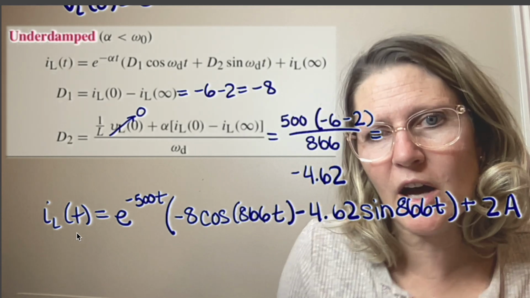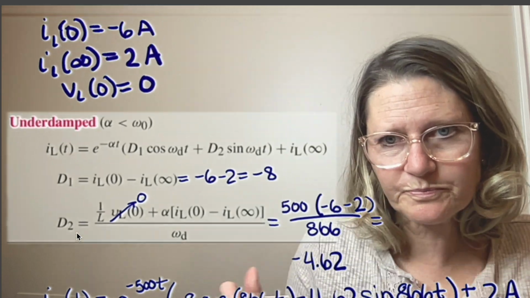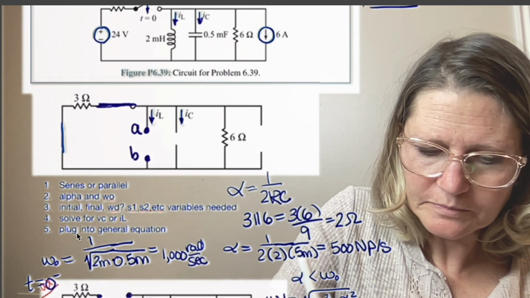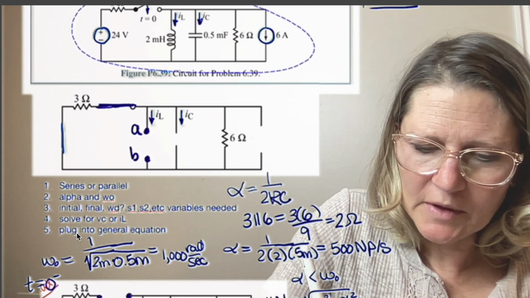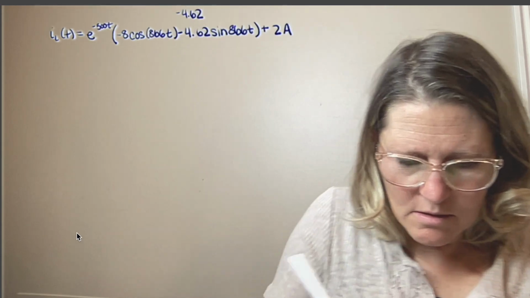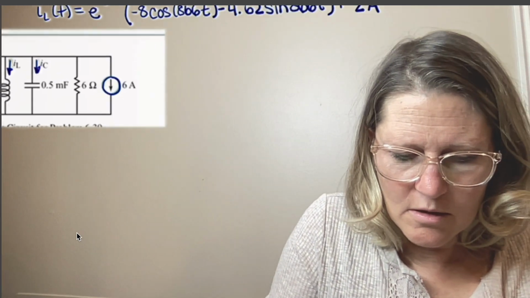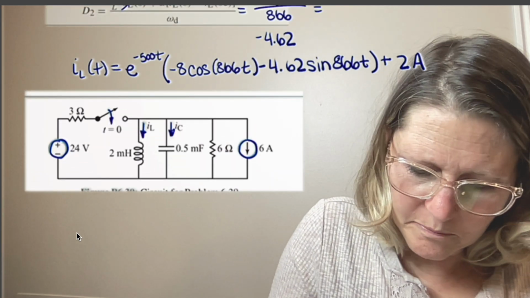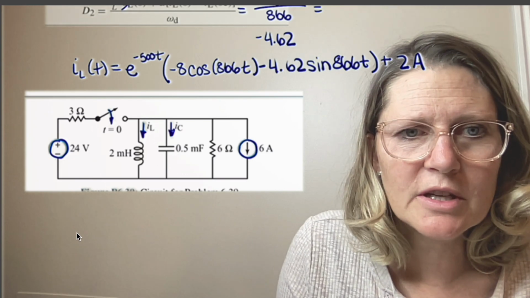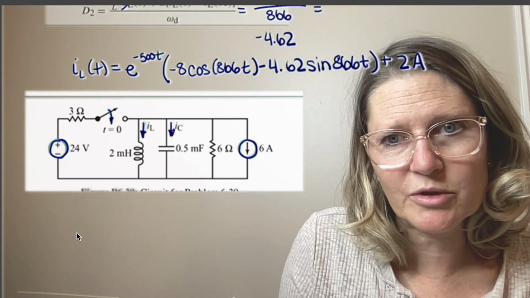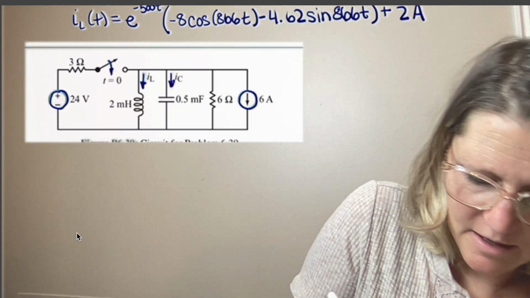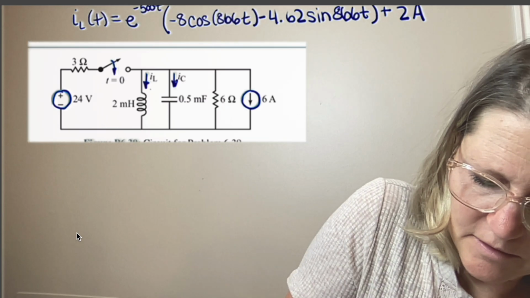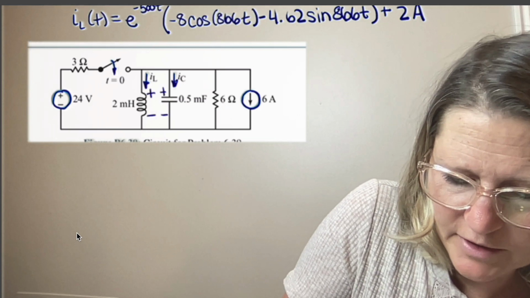And again, we need to use IL of t to relate to IC of t. So looking back at the circuit, we see that IL of t, now we have a description, and IL of t is relatable to VL of t. And we see again that VL and VC are equal.